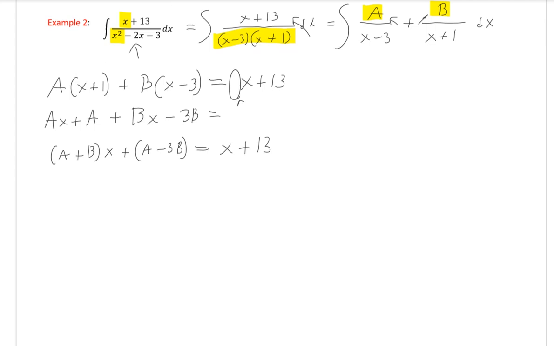So therefore now I can set up equations so that the like terms are equal to each other. I have a 1 in front of this x, and a plus b in front of this x. So that means a plus b equals 1. And I have a 13 constant, and this is my constant term. So that means I also know a minus 3b equals 13.